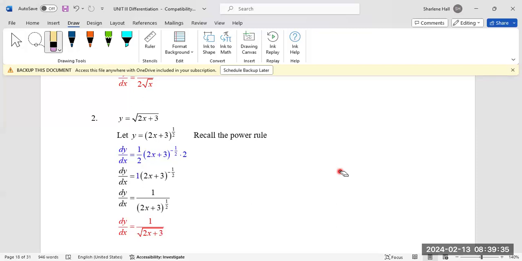Sir, I just put the 1 over 2x plus 3. I didn't put any square root or anything. Me either, sir. I honestly forgot to multiply by the differentiation of everything inside of the bracket, so I skipped that step.